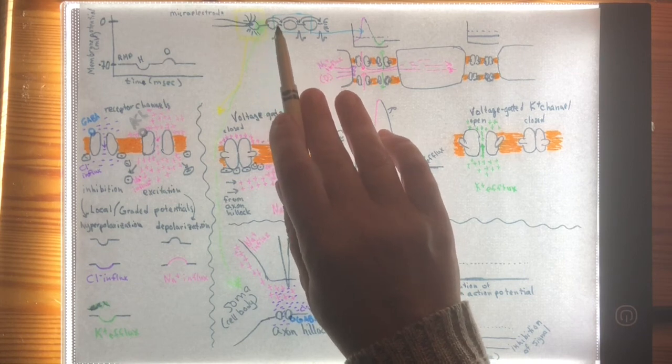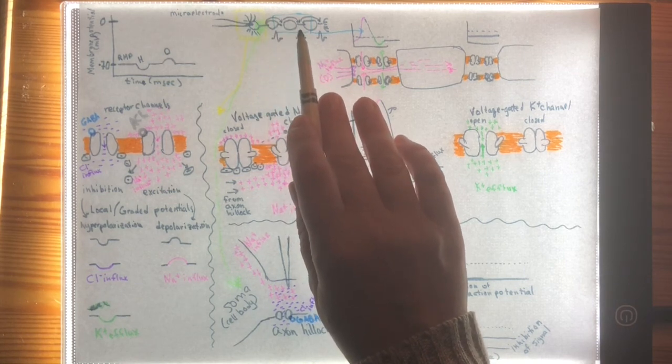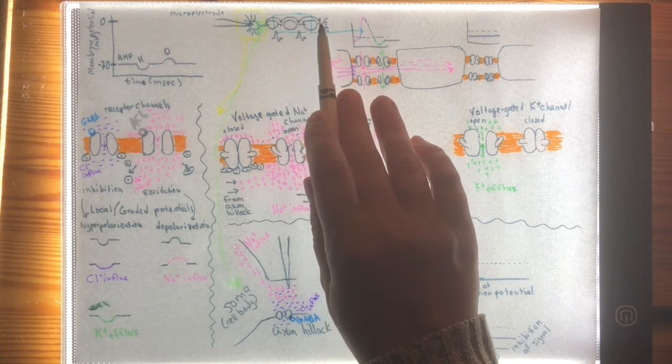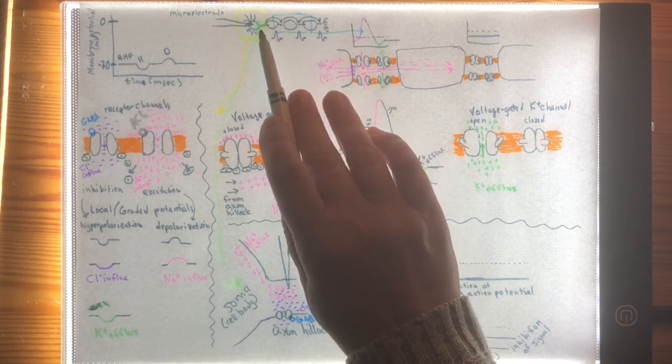Action potentials are all or nothing. Once they start at the axon hillock, they are always passed on in exactly the same way.